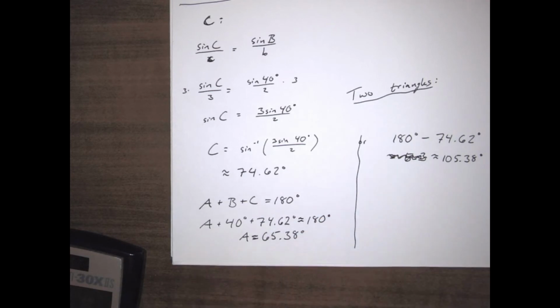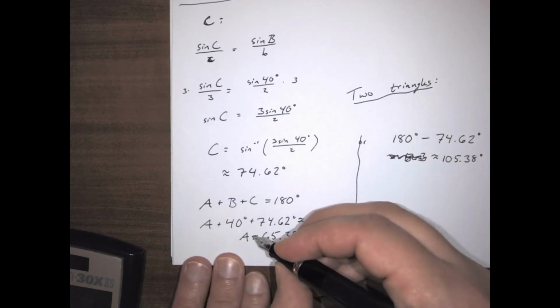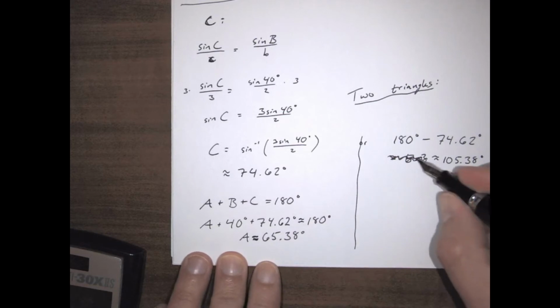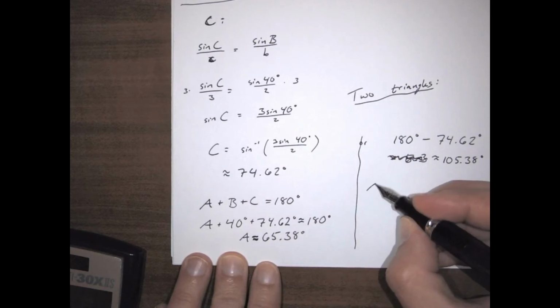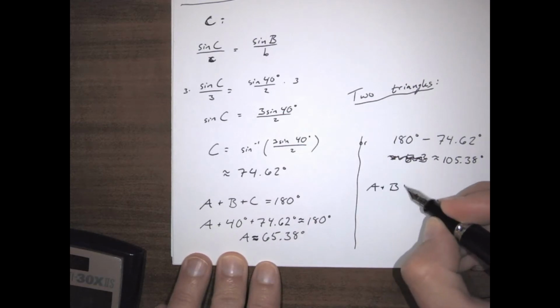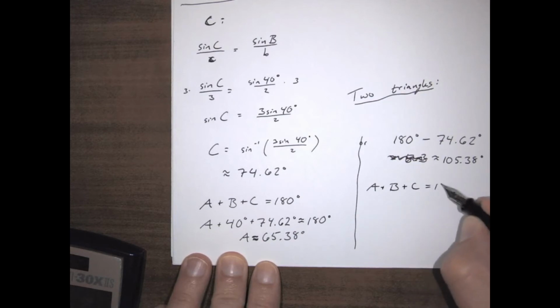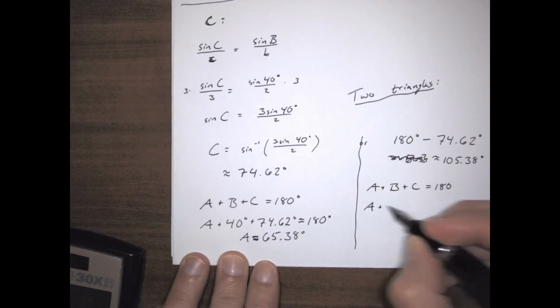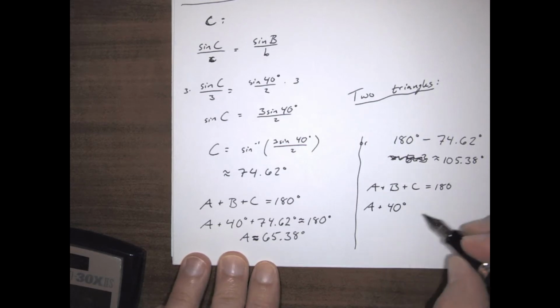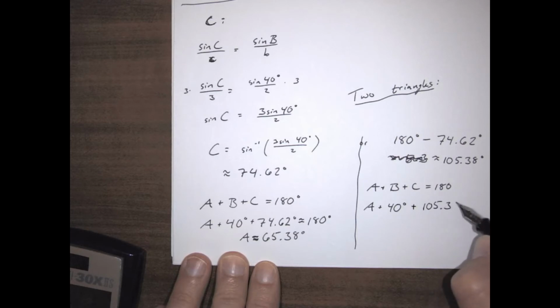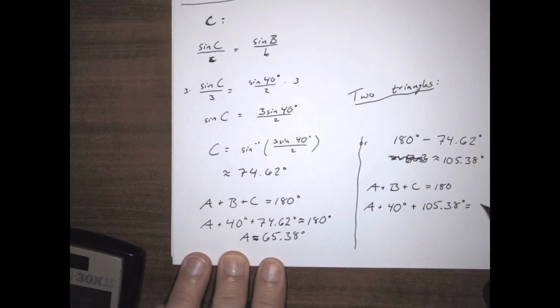And these are all approximate again. Once I have started the business of rounding, all of my answers are only approximate. And then alternatively over here, A plus B plus C still is going to equal 180, but we now have a different value for C. So A plus 40 degrees plus now 105.38 degrees is approximately equal to 180.